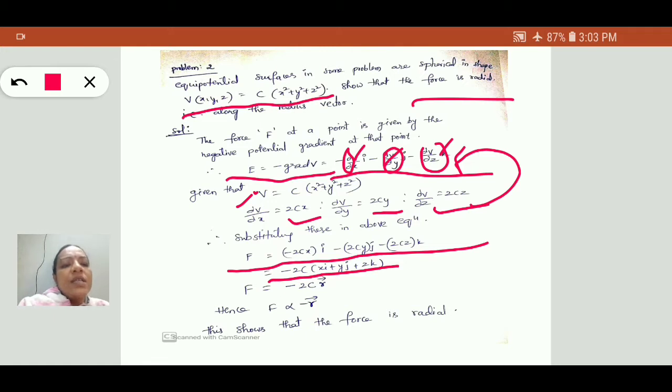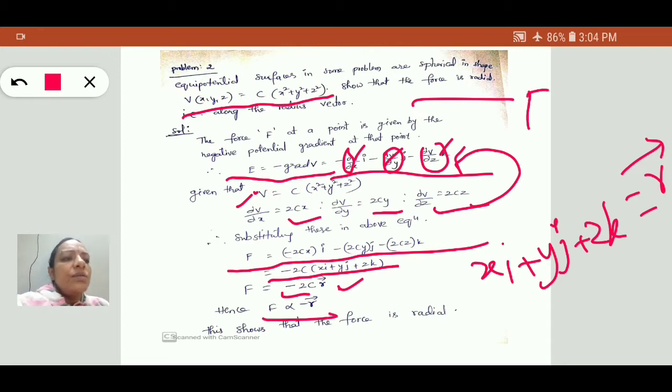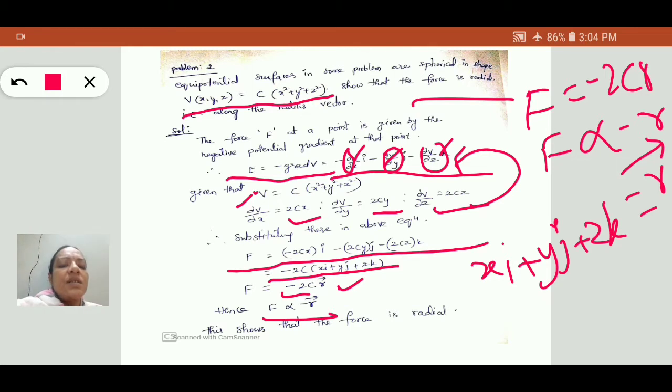This xi plus yj plus zk is nothing but the position vector. So we can write F is equal to minus 2c r, therefore F is proportional to minus r, which shows that the force is radial, that means along the radius vector.